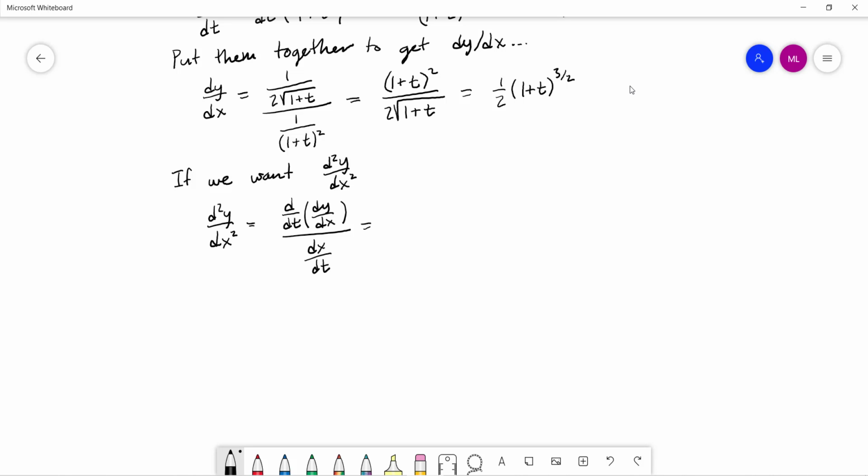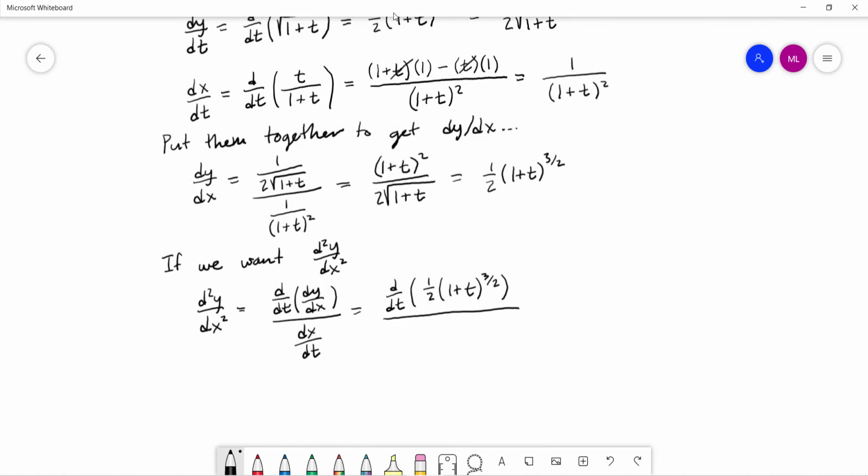And d dt of dy dx is just d dt of the result that we just found, which is 1/2 times 1 plus t to the 3/2. And then we need to divide that by dx dt, which we already found in this line right here. It is 1 over 1 plus t quantity squared.